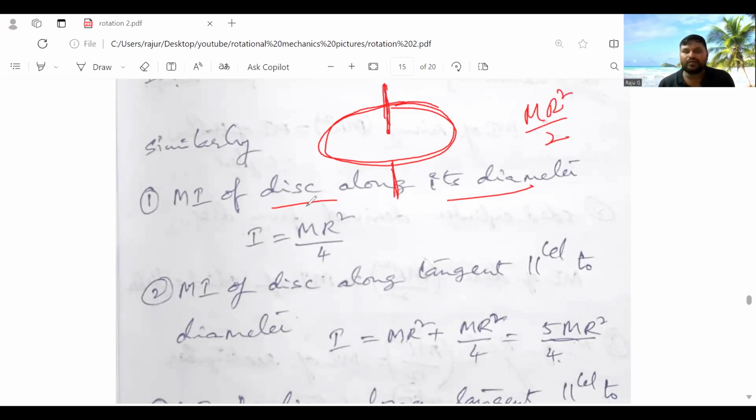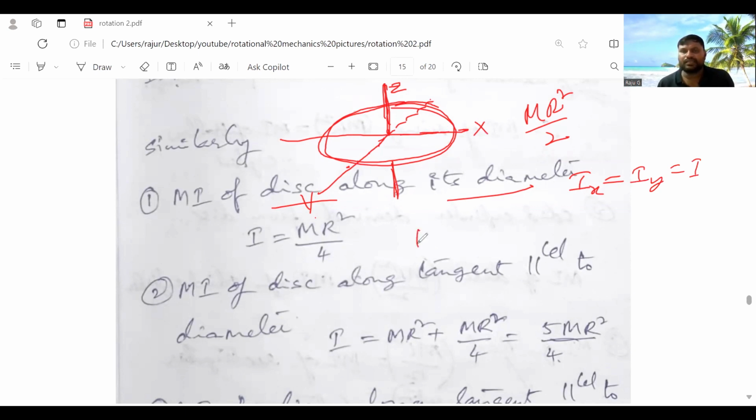We want to find the moment of inertia of the disk about its diameter. This is the z-axis, let us say, this is the x-axis, and this is the y-axis. We need to find the moment of inertia about this x-axis or this y-axis. As the disk is also symmetric, Ix is equal to Iy is equal to I. We need to find this I.